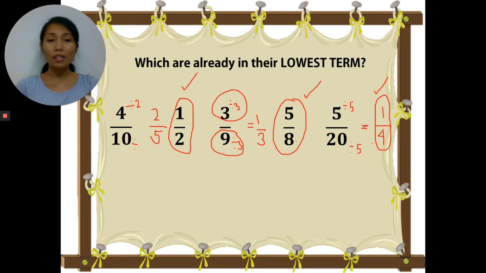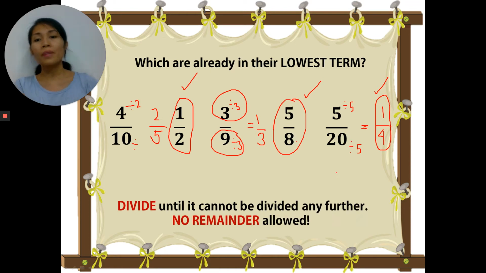They are the fractions in lowest term in this group of fractions. All right, so I hope you are refreshed on how to find the lowest term. Remember, divide until it cannot be divided any further. And when you divide, no remainders allowed, because if there is a remainder, then that is not a factor. You will only divide by factors.